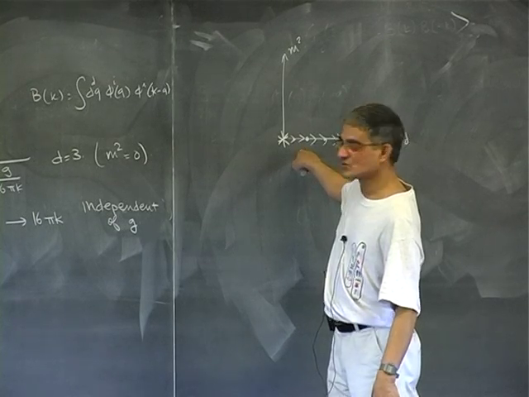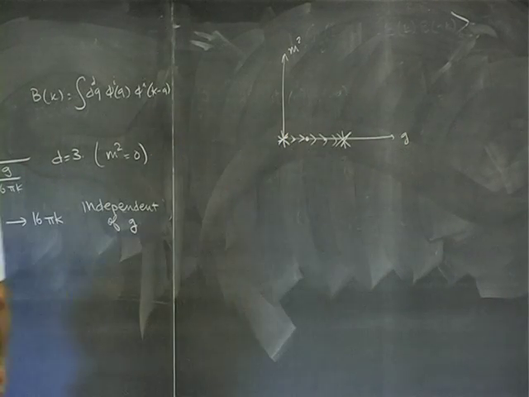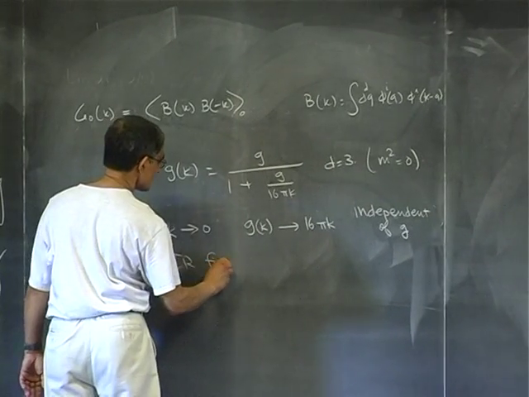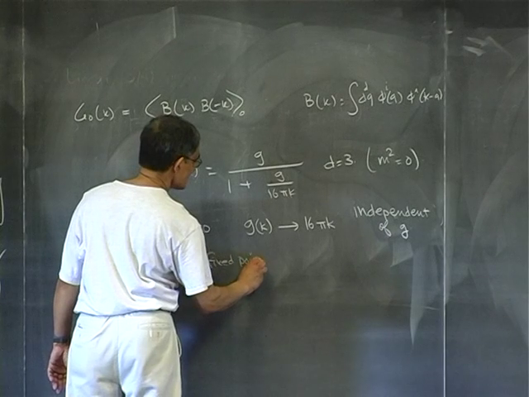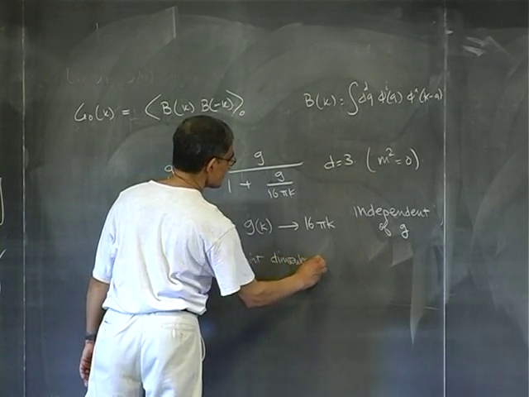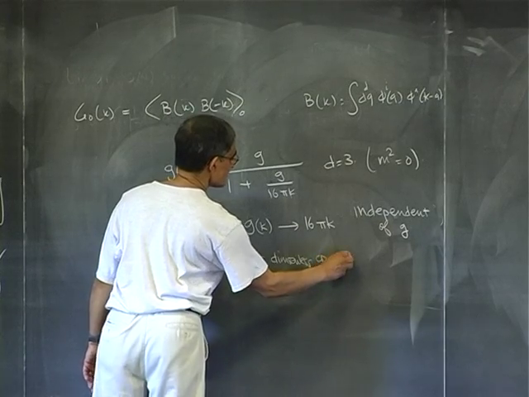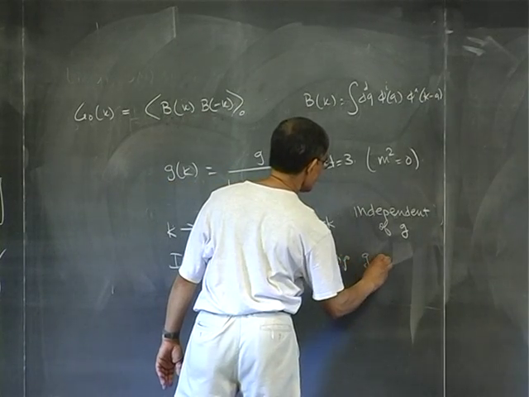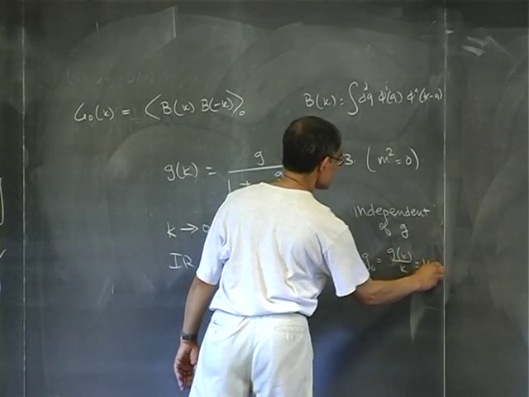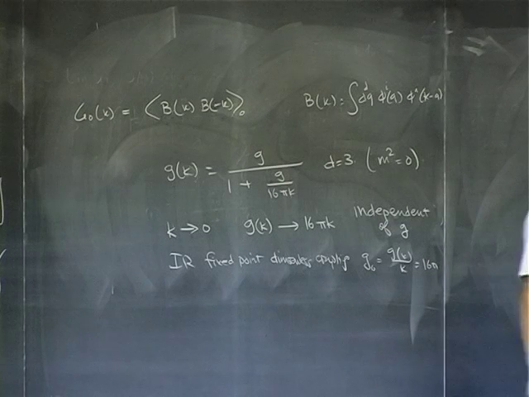Okay? So, this tells you that there is an infrared fixed point at a dimensionless coupling G0, which is defined as G0 by k as 16 pi, just some number.